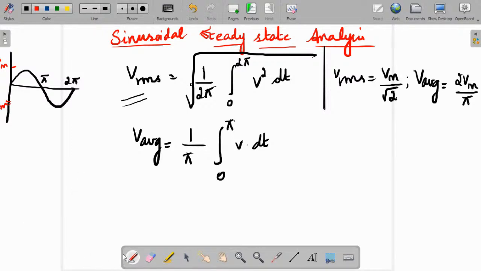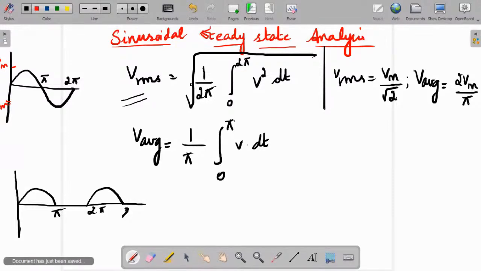Okay, so now if you are having a half wave rectified output, something like this, so this is pi, 2 pi, 3 pi and so on, and here peak is Vm.